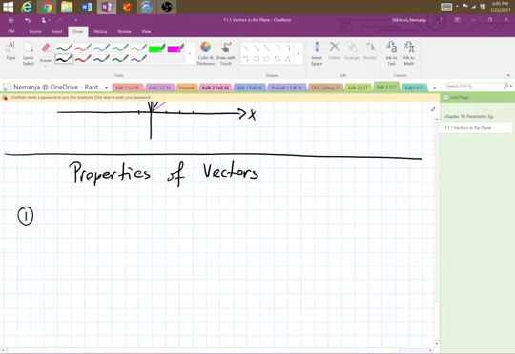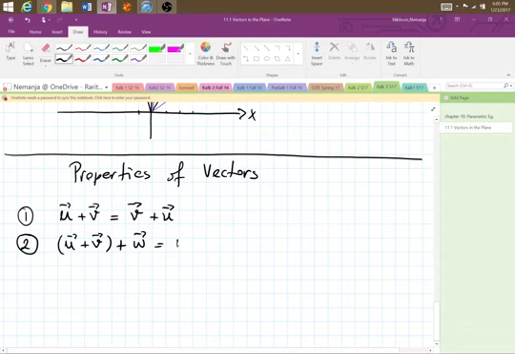Now, the textbook uses bold letters to represent vectors. Since we don't bother with bold letters, we put arrows above variables which represent vectors. So u plus v is the same as v plus u, commutative rule. Then we have associative rule. u plus v plus w is u plus v plus w.